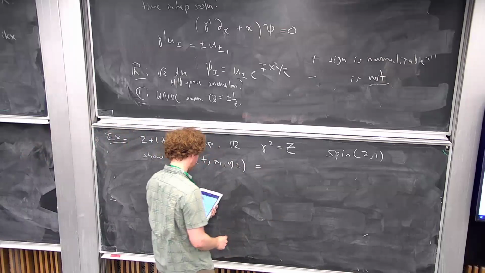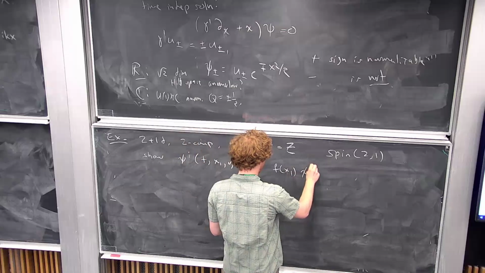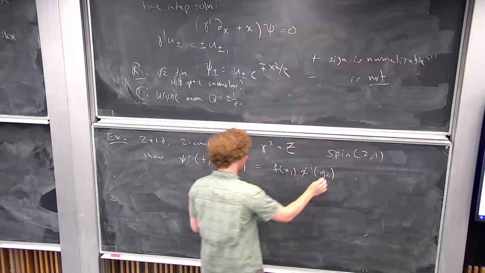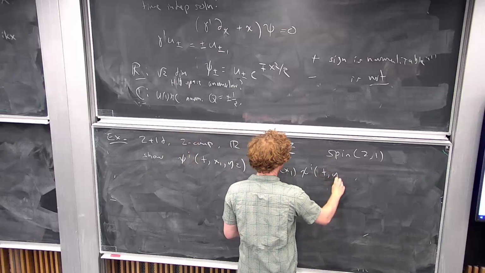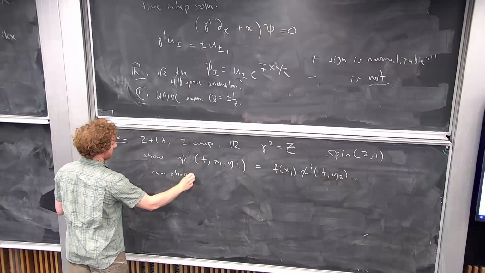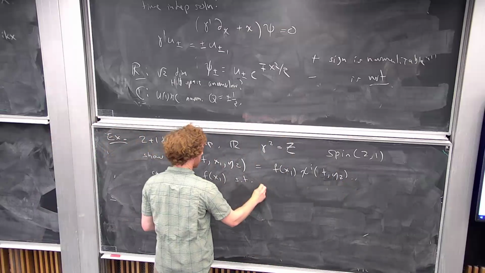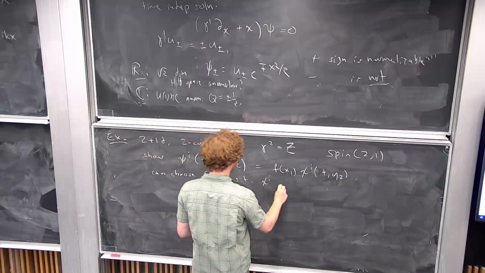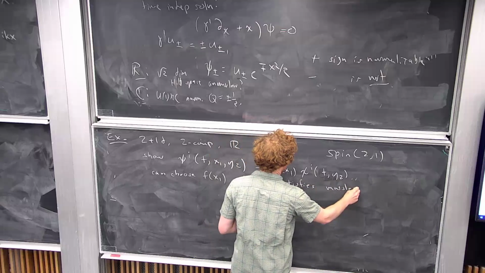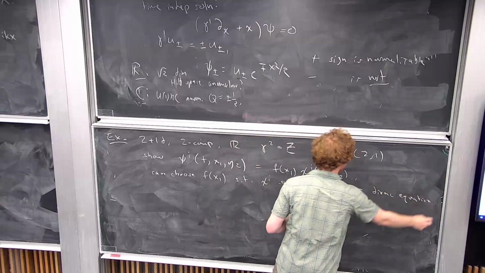If we write this as f of x1 times psi of y2, then we can choose, so this is sort of separation of variables, we can choose this profile such that psi satisfies a massless Dirac equation.